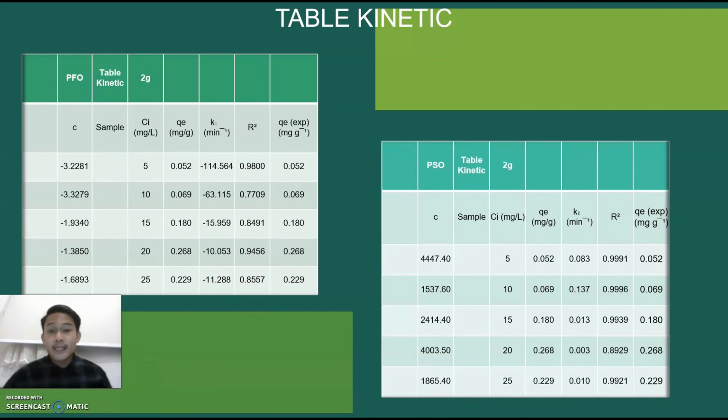Alright, this is the kinetic table. On this slide, there are two tables, the PFO table and the PSO table. This table is for 2 gram.